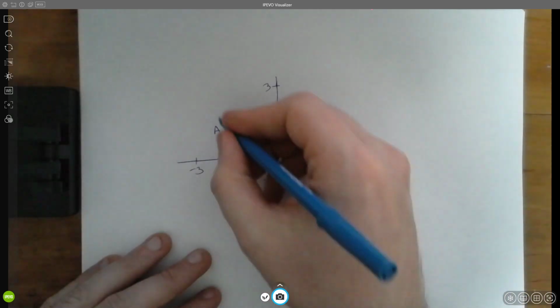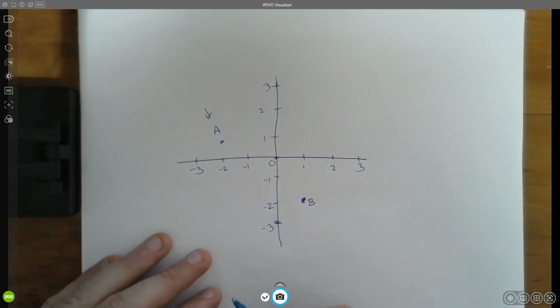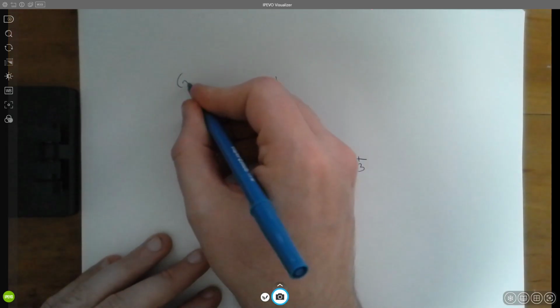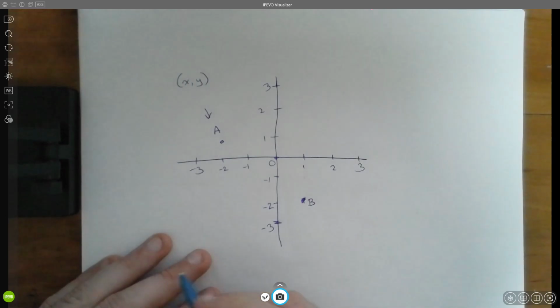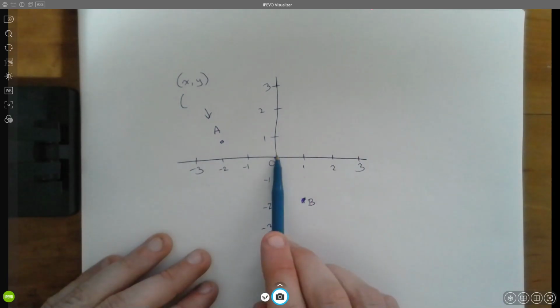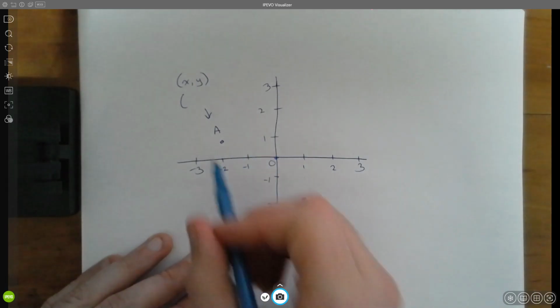So let's start with A here. In order to figure out the coordinates of this value, I want to figure out some sort of x and y value, so some numbers to put in there. X, remember, is how far left or right it is. So if I'm starting here at 0, I can see that I have to go left instead of right, so I'm going to be negative, and I have to go 1, 2 spots to the left.